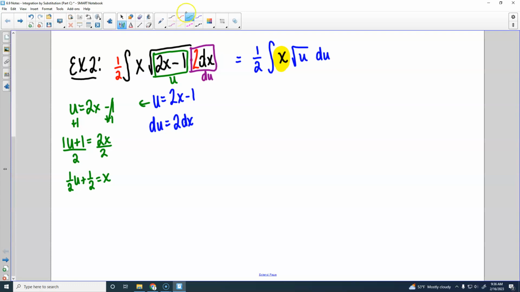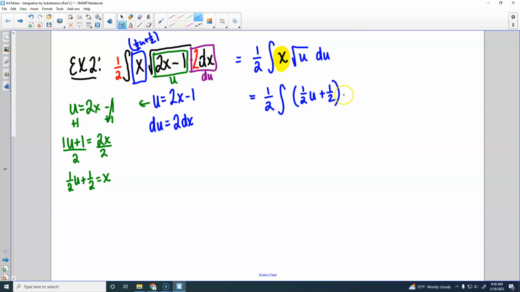And so since that is true, right here, this x can be replaced with 1/2 u plus 1/2. So we're going to do that. We need to make sure when we plug it in, we put parentheses around it. 1/2 u plus 1/2.